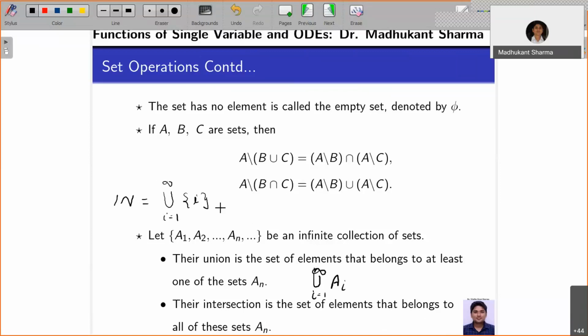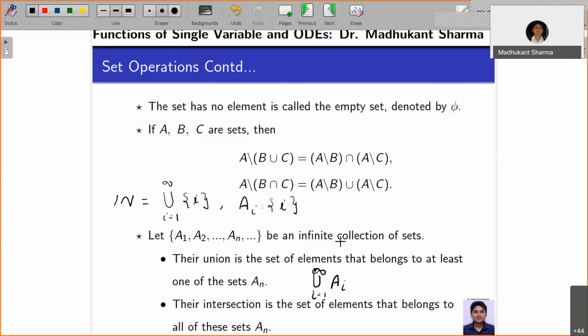Each A_I is defined as the singleton {I}, for I equal to 1, 2, 3, 4, and so on. So the set of natural numbers can be written as an infinite union of these singleton sets.